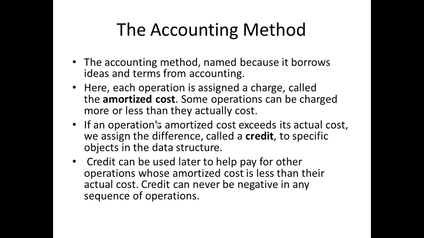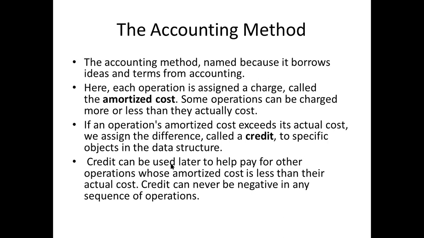When you compare the amortized cost and the actual cost, the amortized cost is more than the actual cost. We assign the difference. What is the difference? That is amortized cost minus actual cost. That is called a credit, assigned to specific objects in the data structure. To particular objects, we are assigning this credit value.